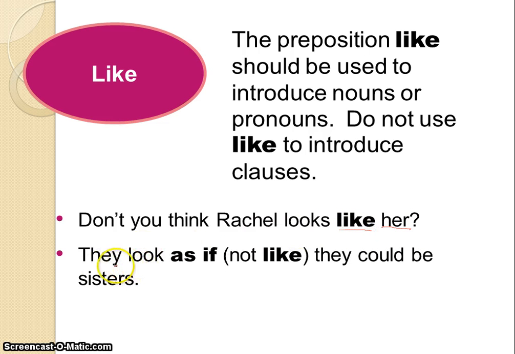But we wouldn't say they look like they could be sisters. This is a clause here. They could be sisters is actually an independent clause. So we do not use the word like to introduce an independent clause. We'll use as if.